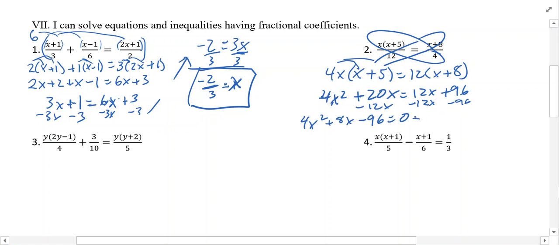So then, remember the first rule of factoring here is you have to factor out a GCF. So when you factor out that GCF of 4, you get x squared plus 2x minus 24 equals 0.